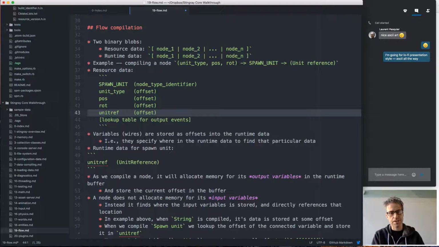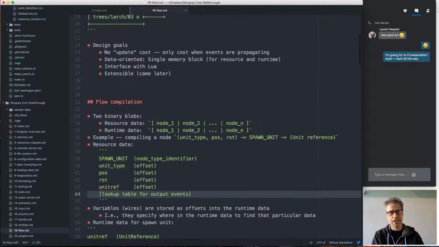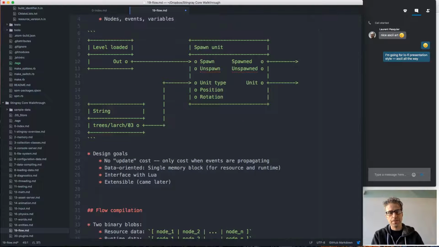But then after all this resource data for this node, there's a lookup table for the output events. There's a lookup table indexed by the index of the output events, so one for spawn and one for unspawn. And then there's just a list of which nodes are connected to this output event.